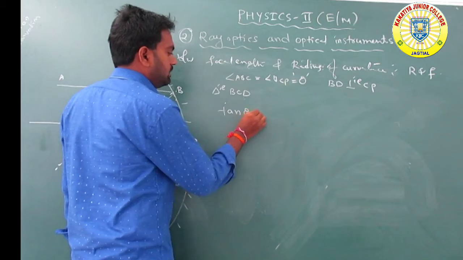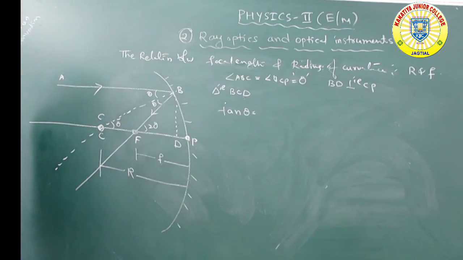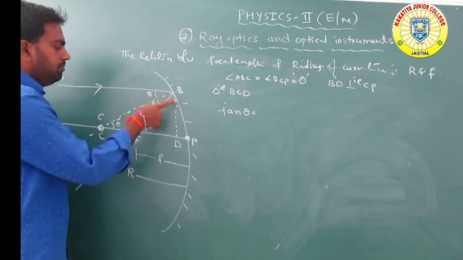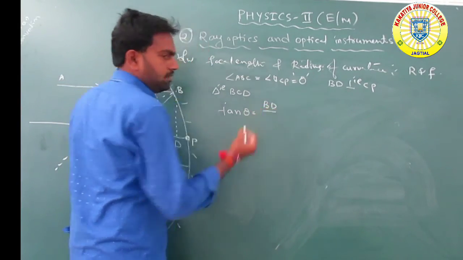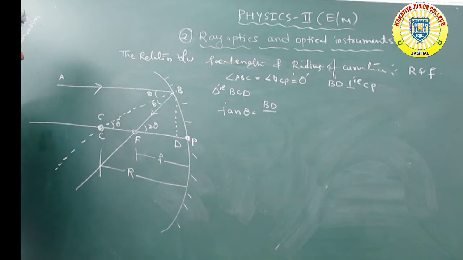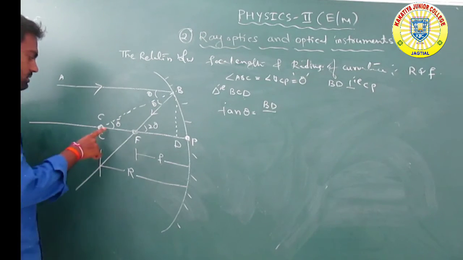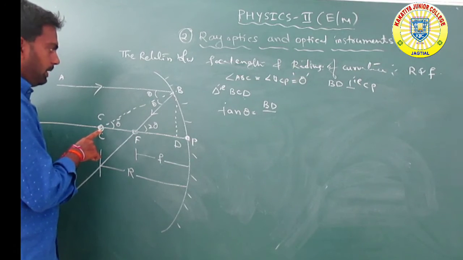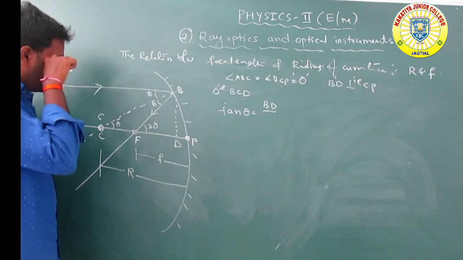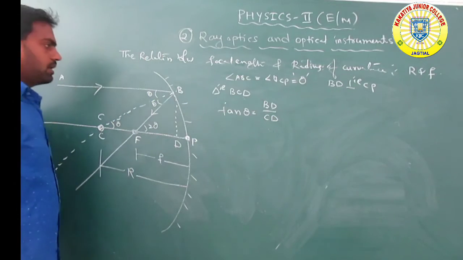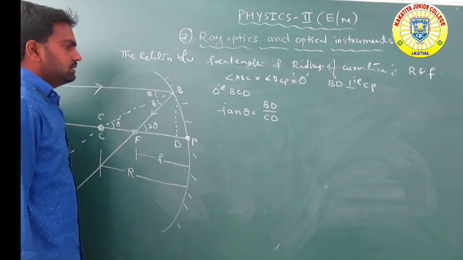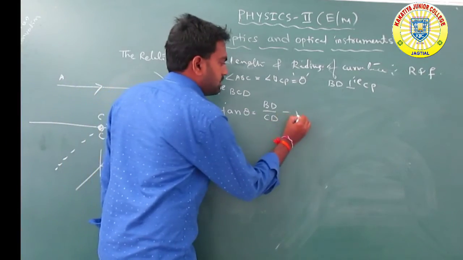So tan theta is equal to BD by CD. This is equation 1.